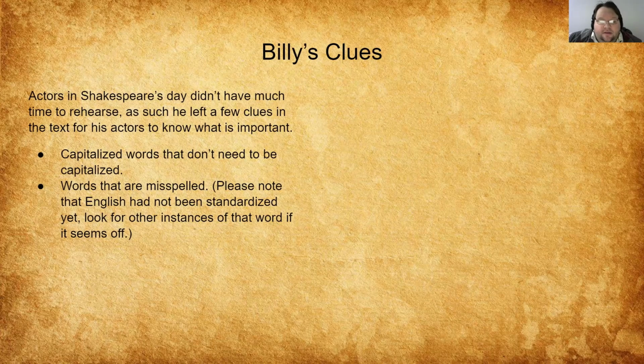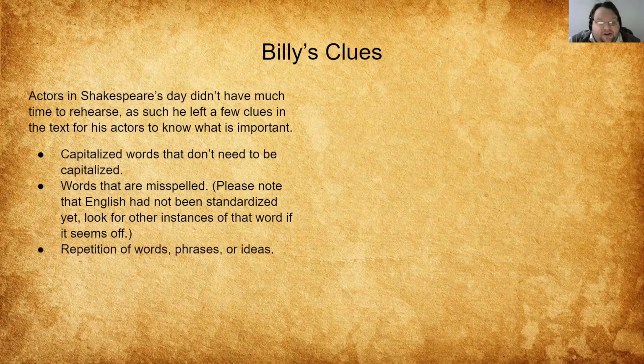So if you say, hey, this word looks like it's misspelled, look for other instances of that word in either the play you're working with or other texts. If it's spelled differently there, then that's a misspelling, whereas if it's just an E added at the end, that may or may not be. So misspellings are one where you have to do a little extra research to know if it's a misspelling on purpose or just because we didn't have a standardized language at the time.